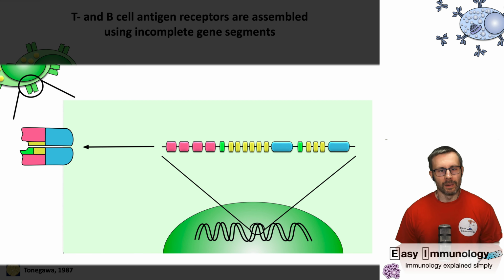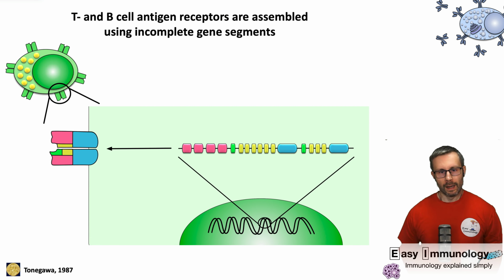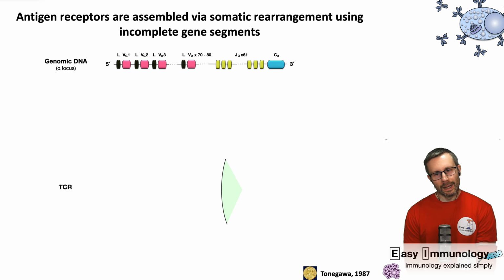You can imagine this like Lego bricks, and you take one red brick, one green brick, and one yellow brick, and you put them together and you get a T cell receptor. And if you take a different red brick and a different green brick and a different yellow brick, you get a different T cell receptor. So there's combination going on in how these receptors are generated.